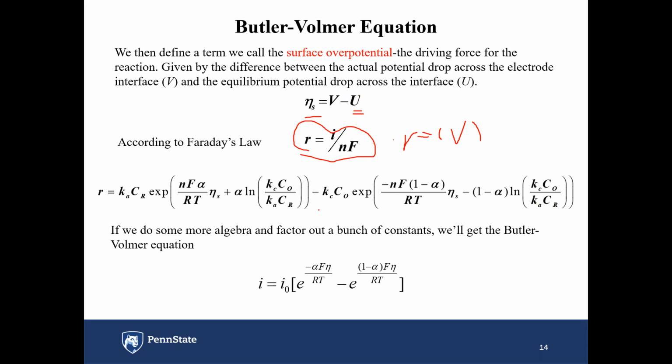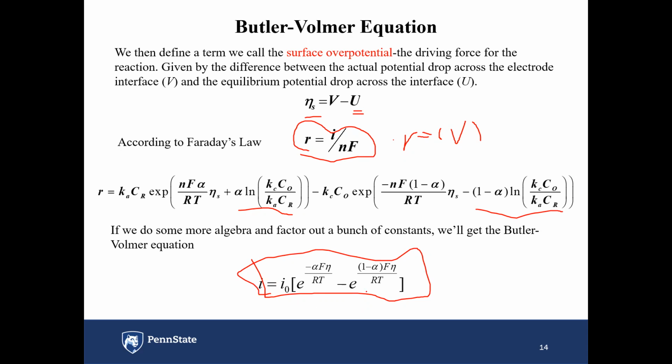If we do some mathematics, we can put a lot of things together, like this is constant, and this is also a constant, right? So finally, we can draw the current as a relationship with overpotential. This is a very, very important equation, what I drew on the board last class, and this is called the Butler-Volmer equation.